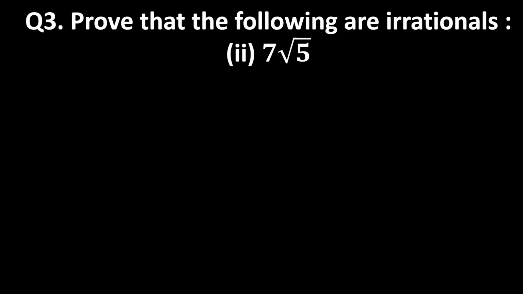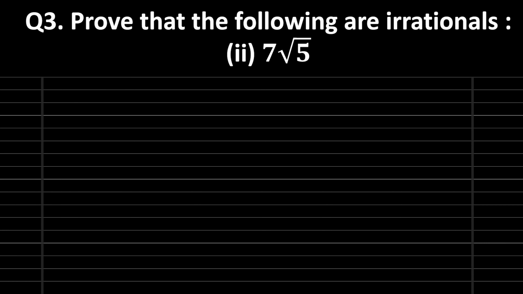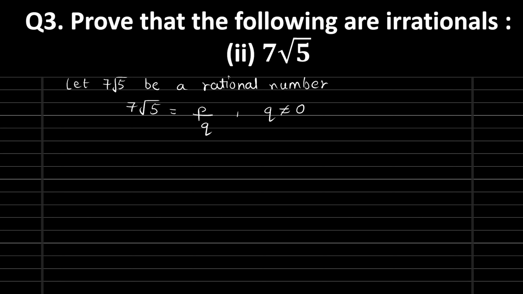Now this is the second subpart of question number 3. Here also we'll first assume, let 7 root 5 be a rational number. Which implies that we can write 7 root 5 in the form of p by q, where q is not equal to 0.